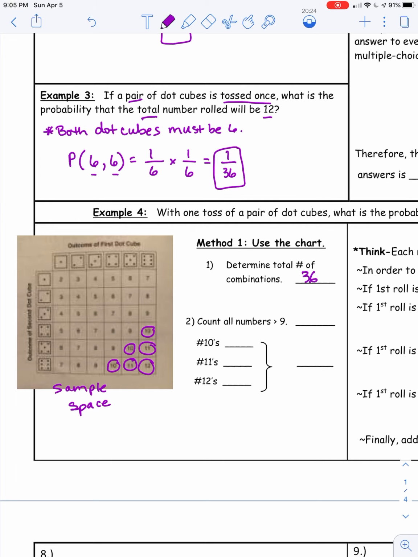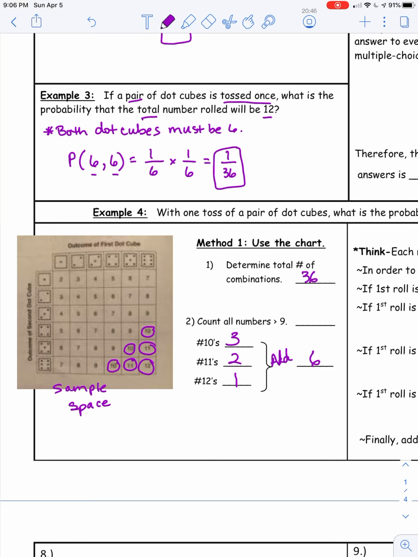Number 2, we're going to count all numbers that are greater than 9. We're going to start right down here. How many 10s could be rolled? 3. How many 11s could be rolled? 2. How many 12s could be rolled? 1. We're going to add these up, and we're going to get 6.